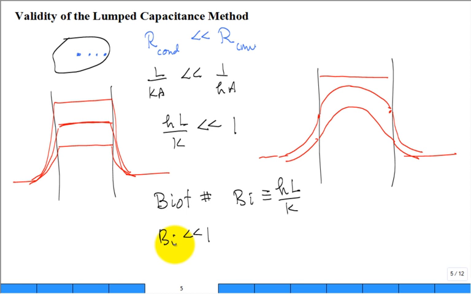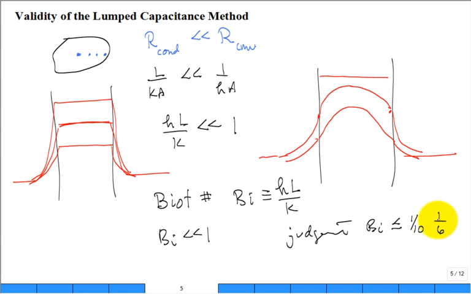and that justifies the use of the lumped capacitance. Next question is, what is much, much less than 1? That's an engineering judgment call. So the engineering judgment is that the Biot number is less than or equal to, I've seen a tenth, I've seen a sixth, somewhere in that vicinity.